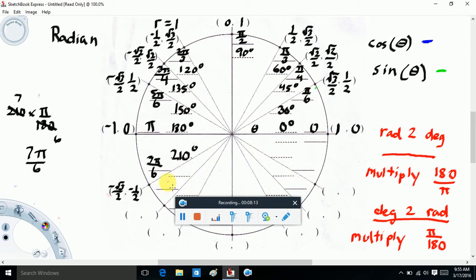The next one is going to be 5 pi over 4. Now let's just say we want to convert 5 pi over 4 to degrees.